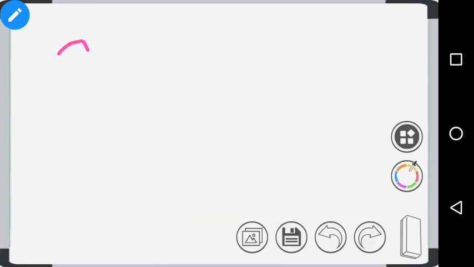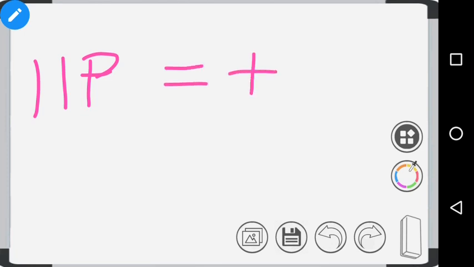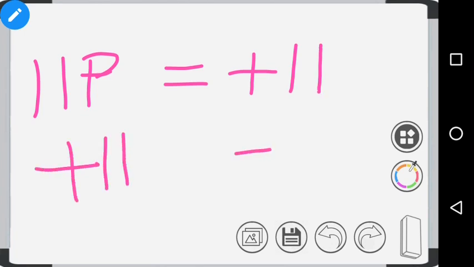Now, an atom always has zero charge. For example, 11 protons are there. So how many electrons are there, you have to find. Protons have positive charge, and the 11 number gives plus 11. So plus 11 must equal 0. How to make it 0? You subtract with the same number, minus 11.